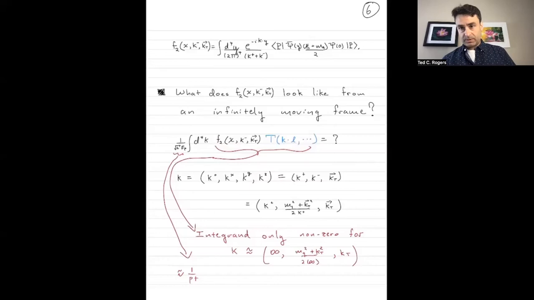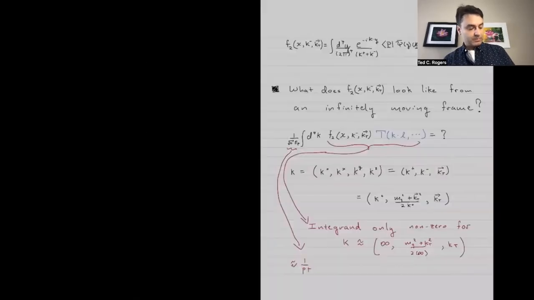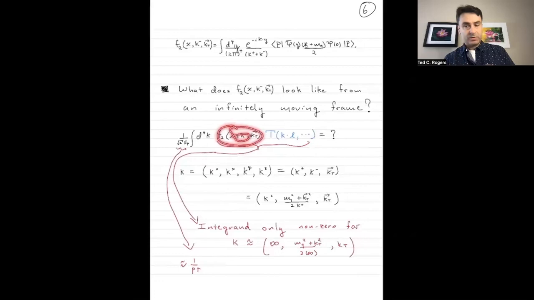in the reference frame that we're looking at is going to be very restricted to the part of the integrand where K plus is close to infinity, K perp is 1 power of infinity smaller, and K minus is actually 2 powers of infinity smaller than that. And this overall 1 over root 2 EP just becomes 1 over P plus. So I can make those replacements from the previous page, the ones down here in particular, inside of F2, and the integral won't be modified.